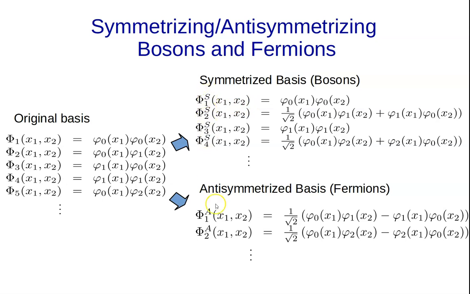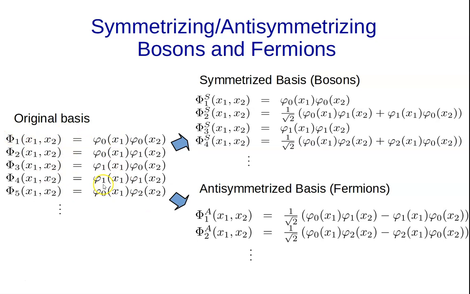They're either symmetric or antisymmetric with respect to particle exchange. Okay, so this is a very important point: the states which obey this rule are a subset of the total number of allowed Hilbert space states for two particles.